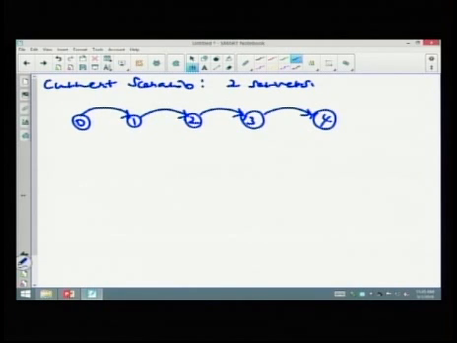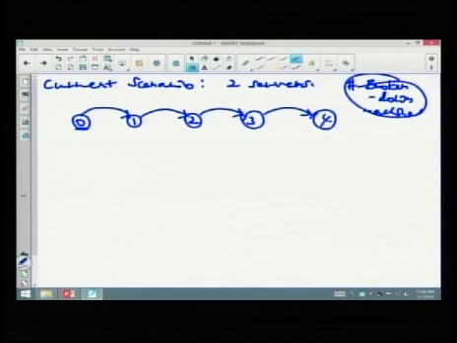So for each state, if I define the state of the system as the number of good machines. So, no, let's say number of broken down machines. Okay, probably that'll be easier. So we are defining the state of the system as the number of broken down machines. That is the state of the system.